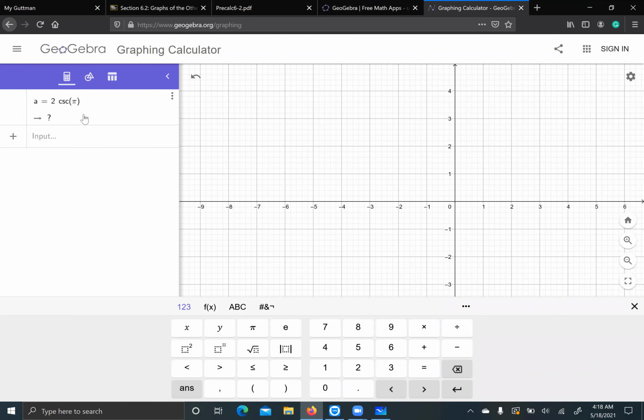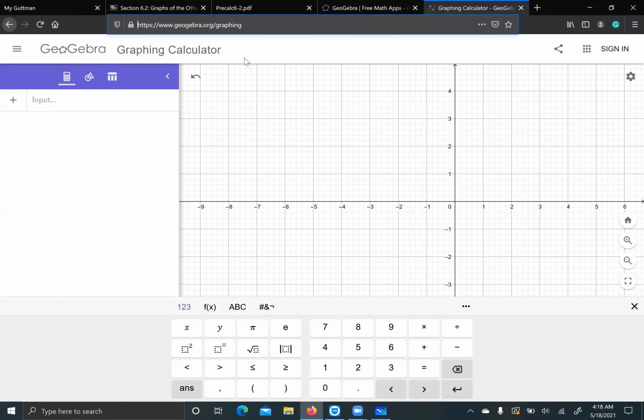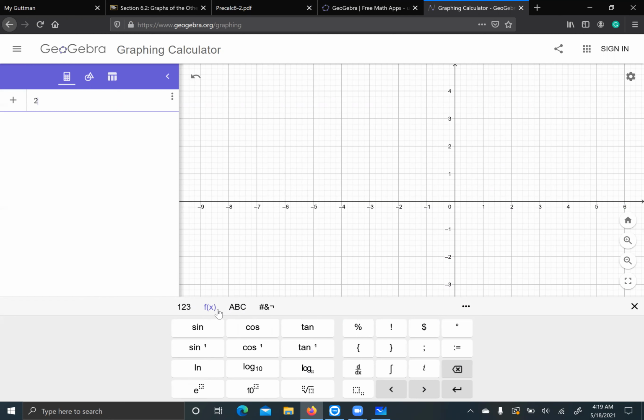This would be, one more time, the graph is 2 cosecant. Oh, I think the cosecant maybe is not defined here. Okay, that's fine. Let me see. Yeah, it's defined.